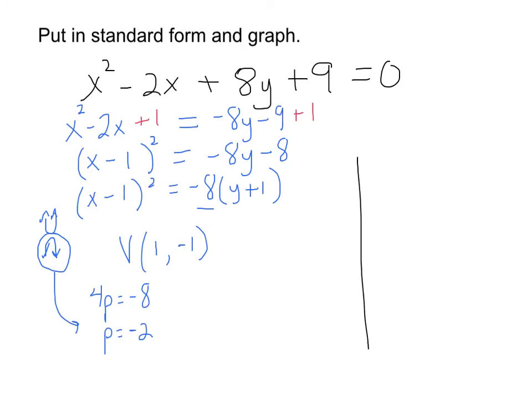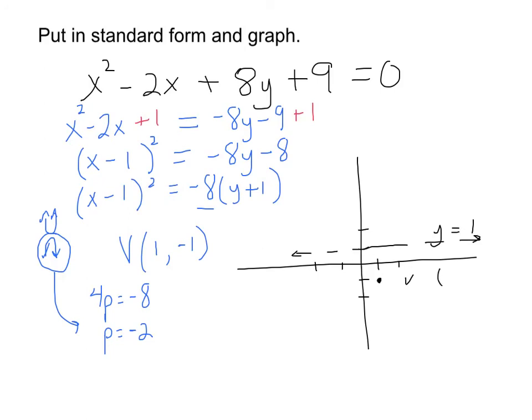So I'm going to draw this graph, and let's put in a few. Okay, the vertex is at 1, -1. So I go over 1, down 1. That's the vertex. I know that it's upside down, so the directrix is going to be on the top. So I'm going to go up 2, 1, 2, and draw in the directrix. So my directrix is going to be at y equals 1.